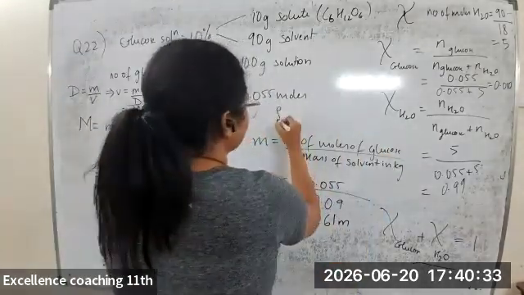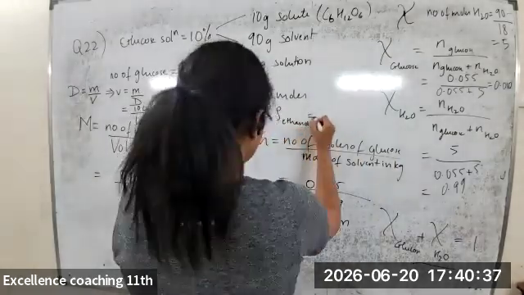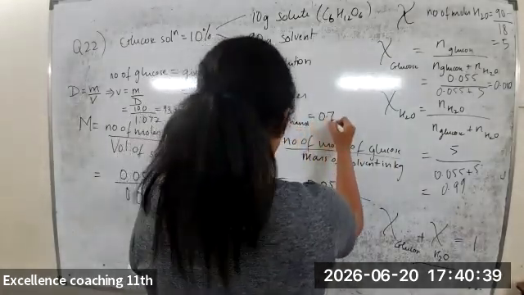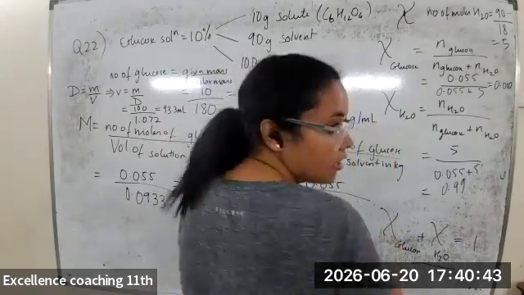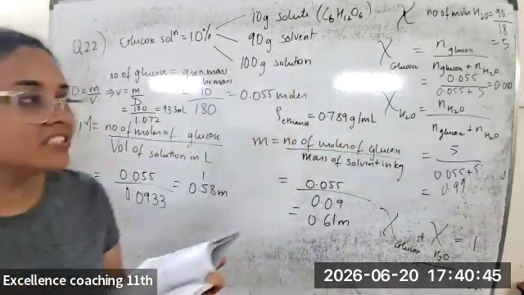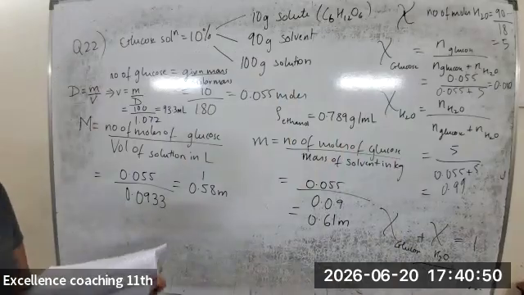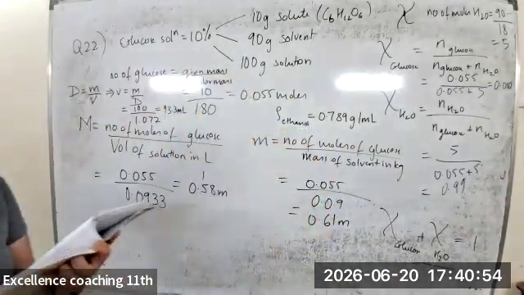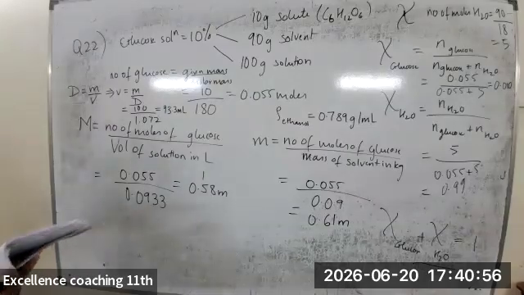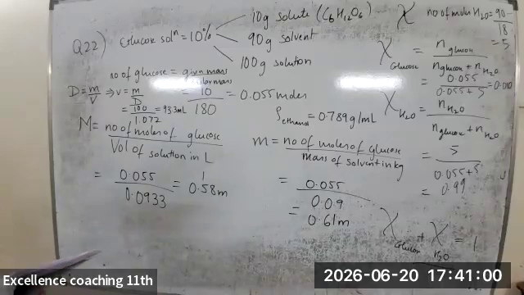Okay, I want you all to write this. Density of ethanol, take it as 0.789 grams per ml. For question 23, which you all have taken for homework, right? For that, just write the density of ethanol as 0.789 grams per ml and density of water is 1 gram per ml.